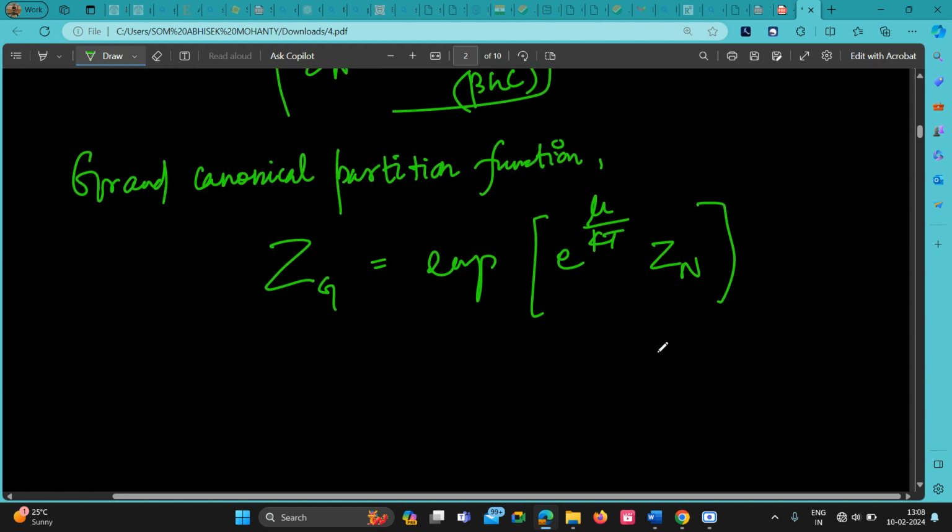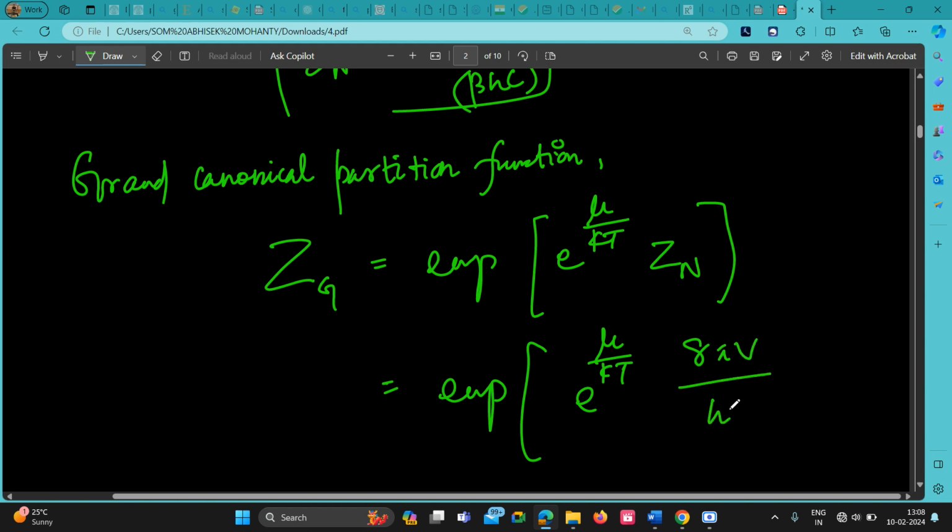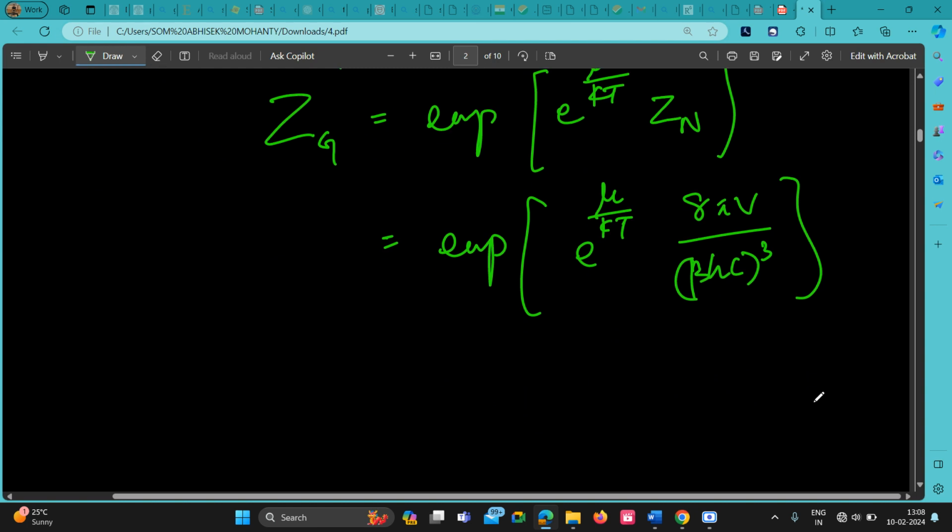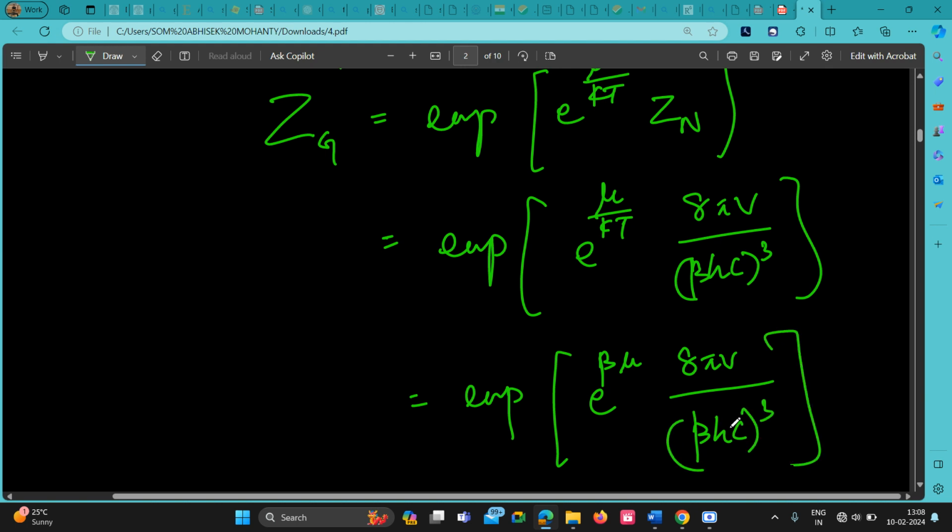So let's write it as the exponential e to the power mu by kT, and Zn is your 8 pi V by beta hc whole cube. And the 1 by kT I can write as beta. So e to the power beta mu times 8 pi V divided by beta hc whole cube. That will be your grand canonical partition function.